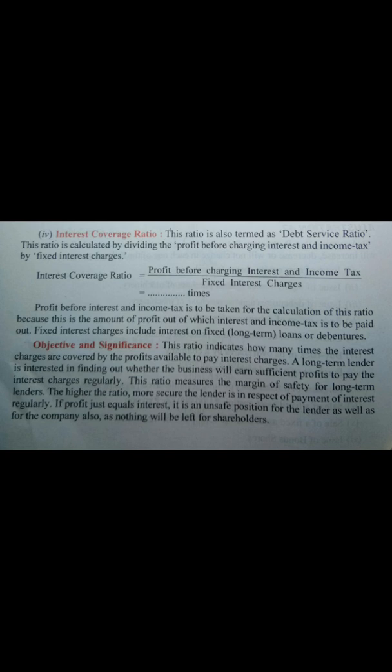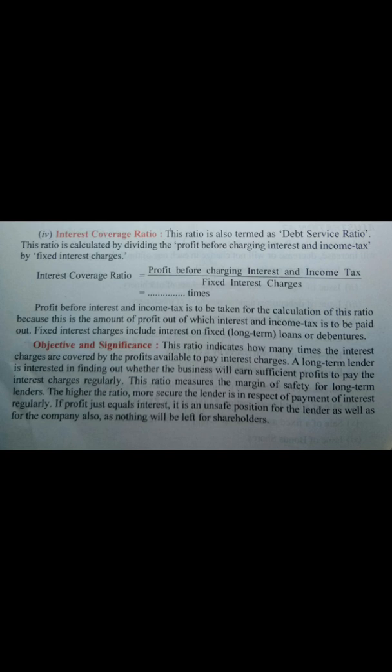Here we have to calculate the profit by adding the interest and the income tax which a company pays before giving dividends to the shareholders. And here fixed charges means all the interest which a company has to pay for long-term loans and debentures.